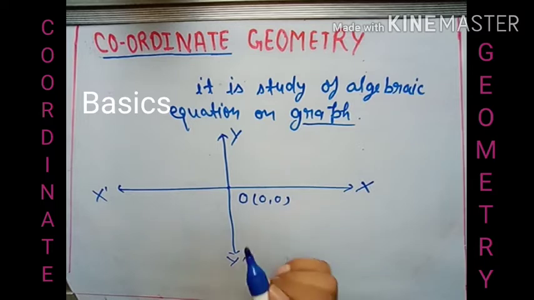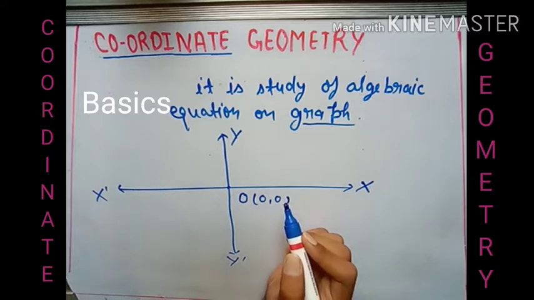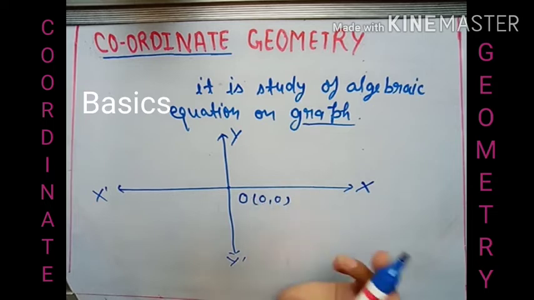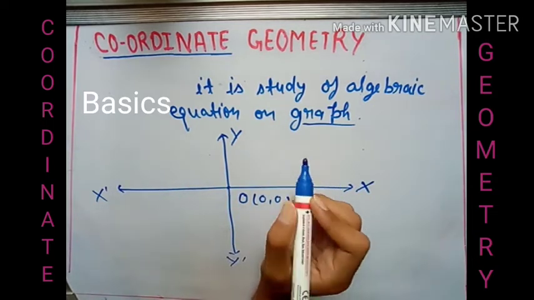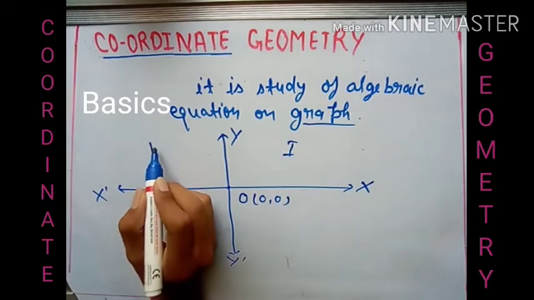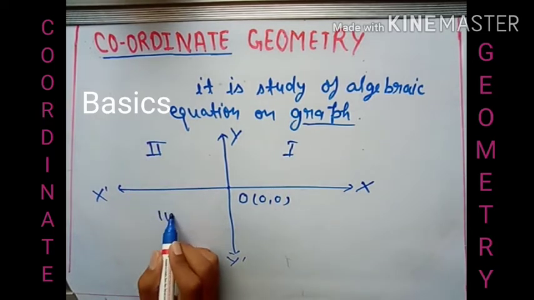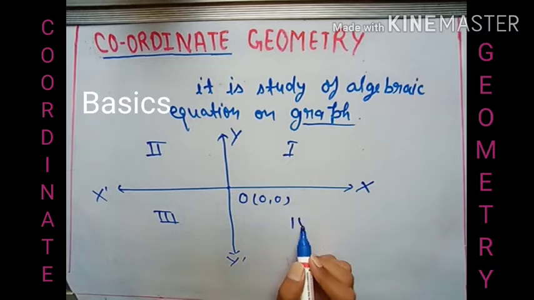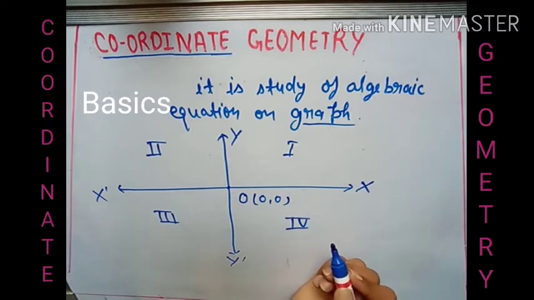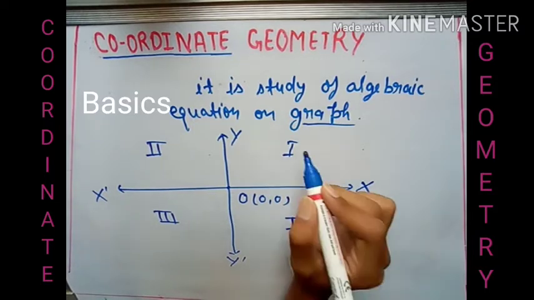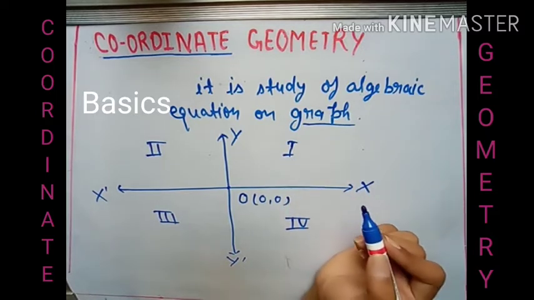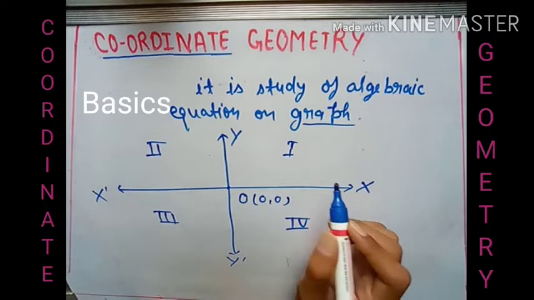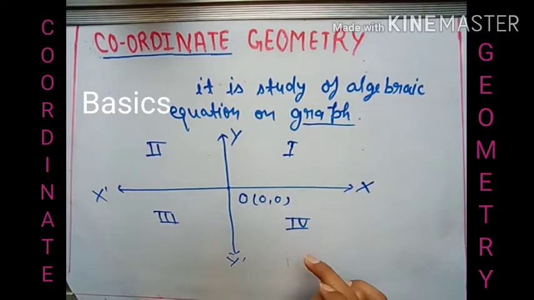For locating any point on these four quadrants, quadrant 1, quadrant 2, quadrant 3, quadrant 4, these are the basics you have studied in class 9th, but I am recapping those things so that you feel this chapter is not new for you. Understand? This one is first, second, third and fourth.